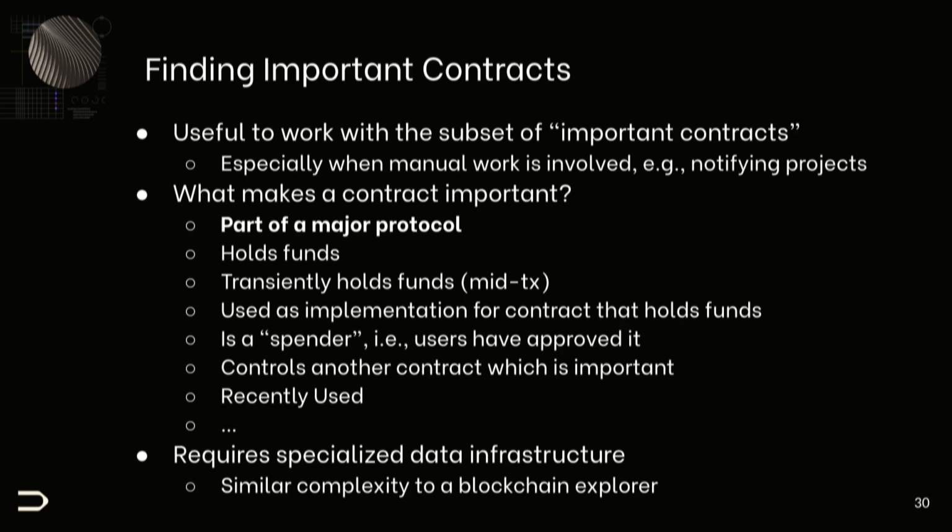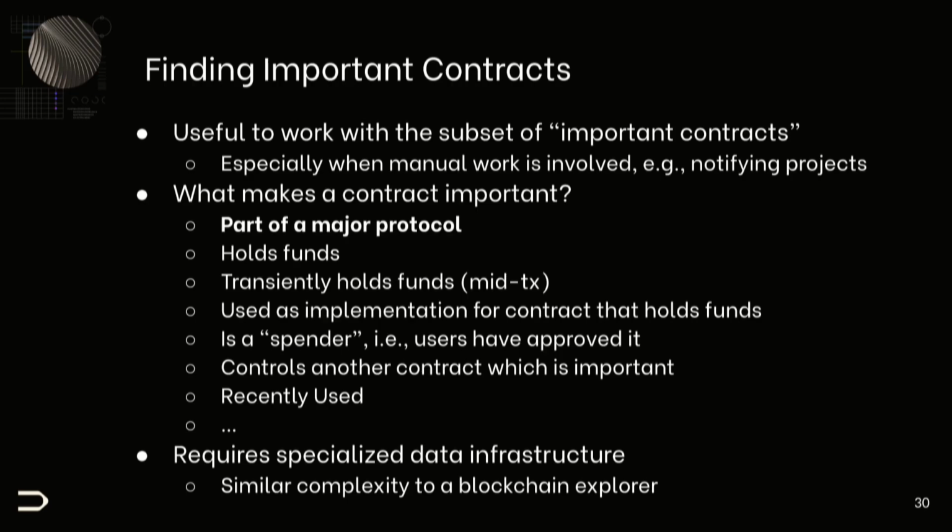So we have to ask ourselves, well, we found all the contracts that may be affected. Which of them are important? Because there's lots of contracts deployed out there that have no importance whatsoever. They don't hold money, nobody transacts with them anymore. So what's the importance of a contract? Well, it's a complex question, but for instance, it could depend on any of these factors.